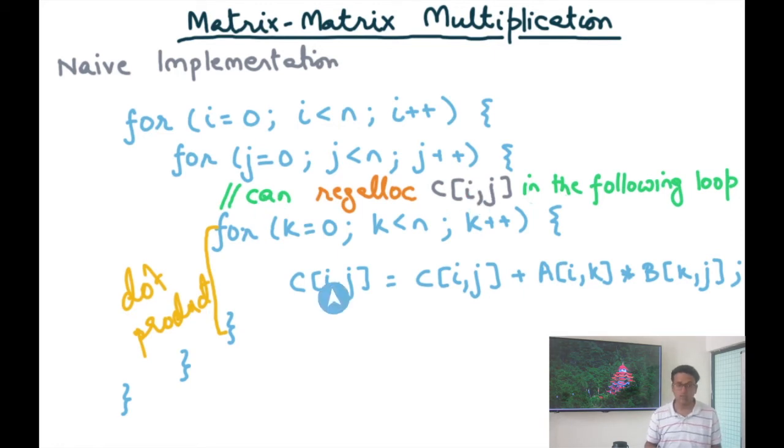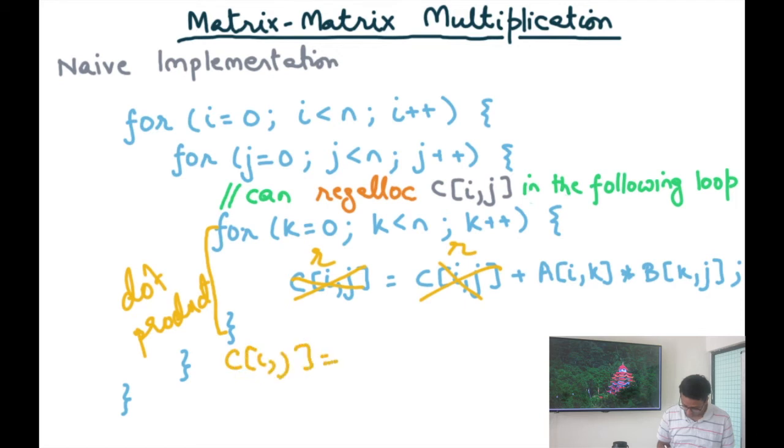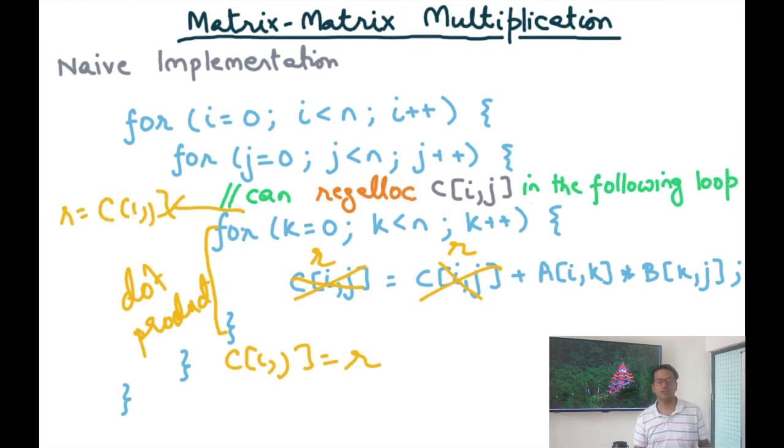In fact, assuming that C, A and B are distinct memory regions, so C does not overlap with A and C does not overlap with B, then I can just register allocate C[i][j] and rewrite this code such that I use a register R, and at the very end I say C[i][j] equals R. And at the beginning of the loop I say R equals C[i][j]. And this is basically nothing but register allocation of C[i][j].